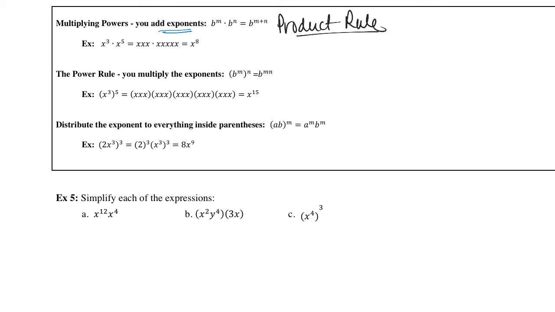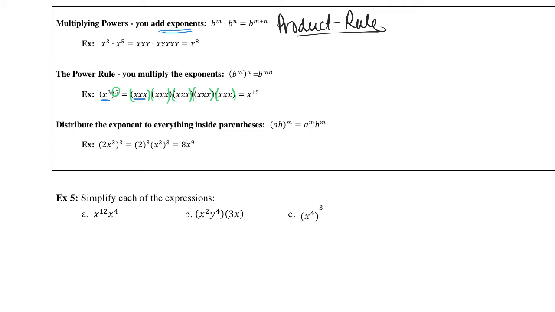Now the power rule is if, for example, here x to the third is being taken to the fifth. So we've got this thing times itself 1, 2, 3, 4, 5 times. And the thing that's being taken to the fifth is x cubed.